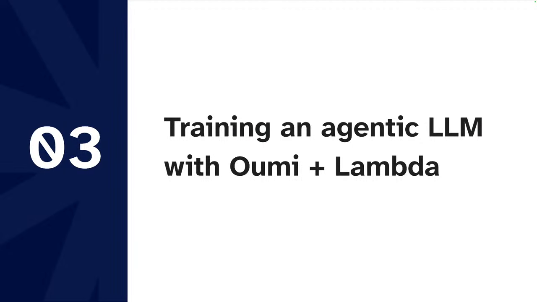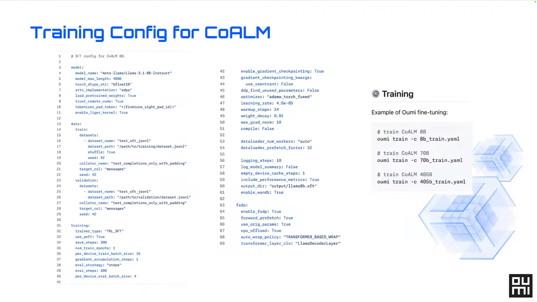So how would we train CoALM using Oumi plus Lambda? Well, let's look at the configuration file for CoALM. This is the model that we discussed in the first section. This is the configuration file to do the supervised fine-tuning on the 8B version.